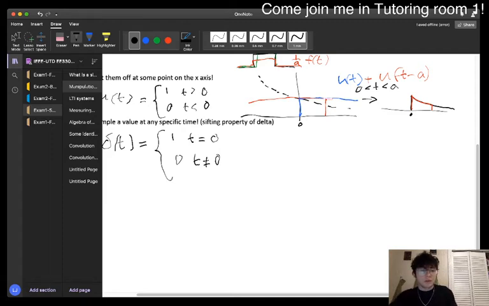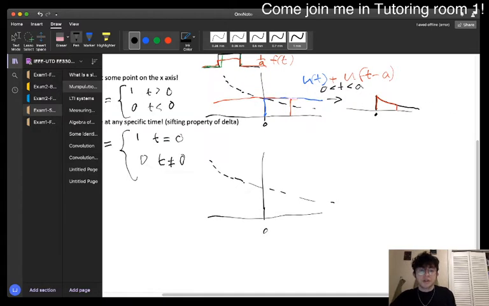So I'm going to draw my exponential function again. So this is 0. If we have a delta function here, I'm going to draw the delta function like that. I might also just draw it as a spike, like just a line, later on.